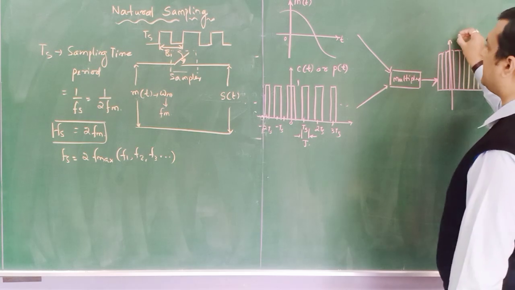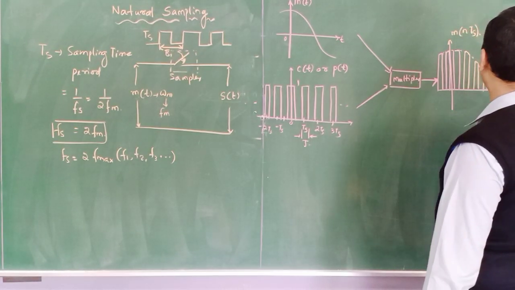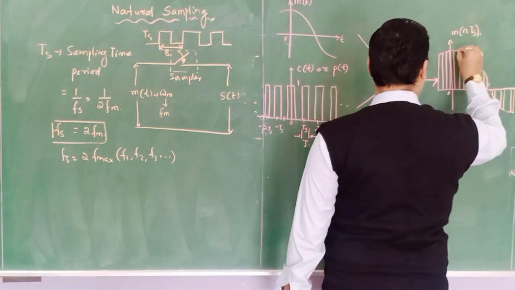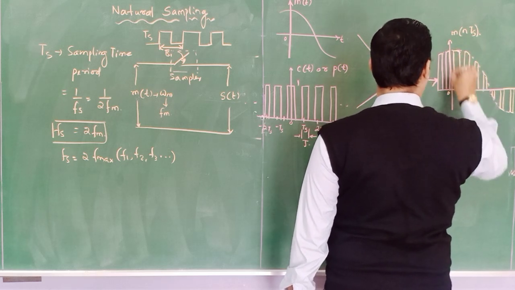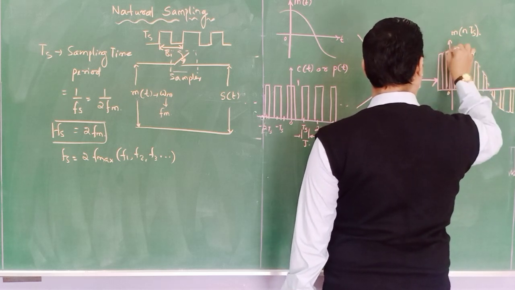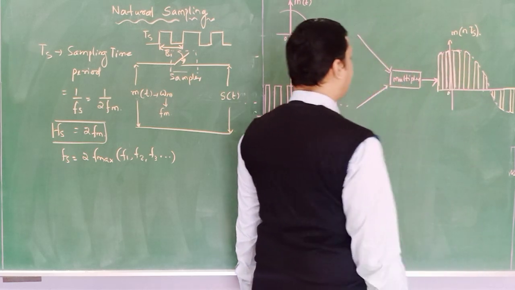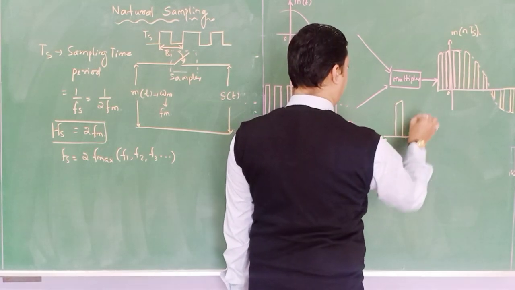So this is M of nTs. These are the pulses with slight amplitude variation, like this pulse will come.